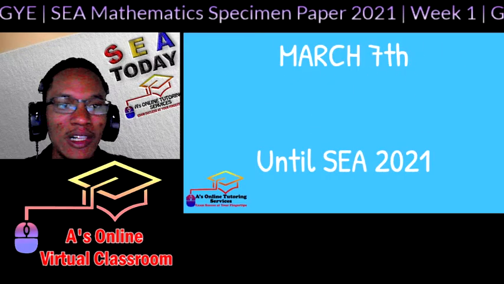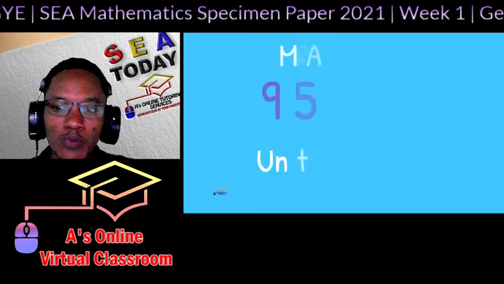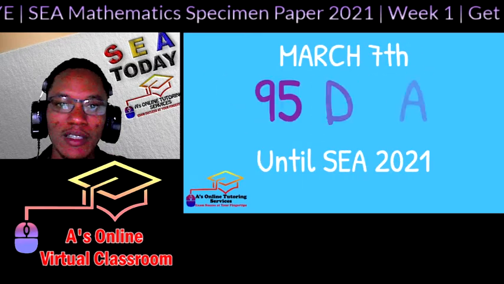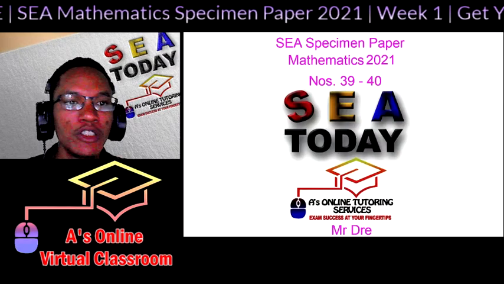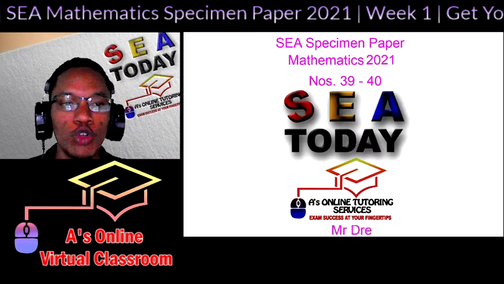Alright, so as usual, we're gonna take our time and get over to the classroom. And today, as I said, we're continuing with the specimen paper, doing numbers 39 and 40.